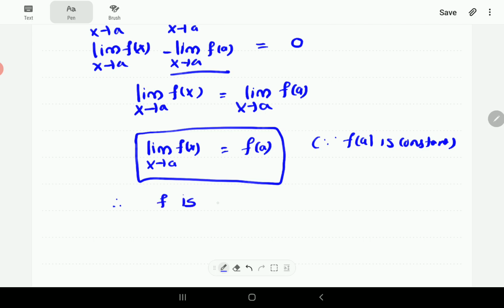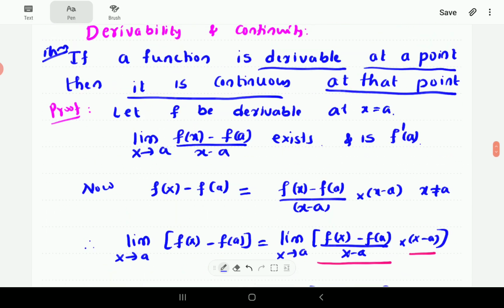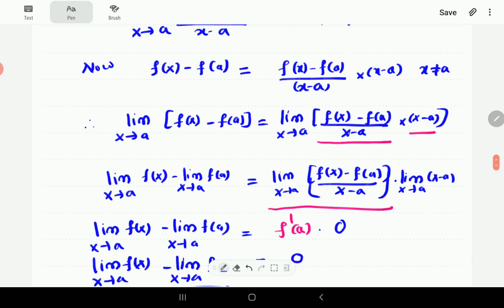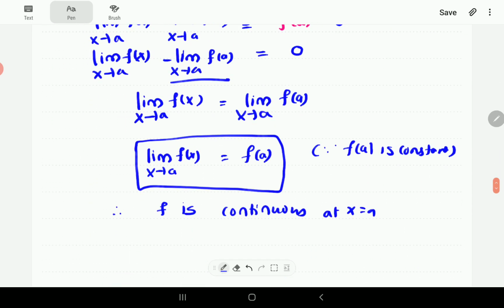So therefore, f is continuous. You know that the given function is continuous at a given point only when the limit of that function as x tends to that point is equal to f of that point, right? So this is the property of continuity. Hence we say f is continuous at a point a. So we started with f is differentiable or derivable at a point a, and now we concluded that f is continuous at x equal to a.